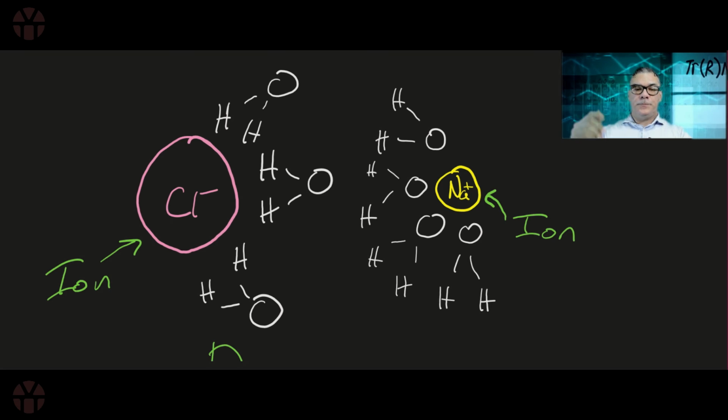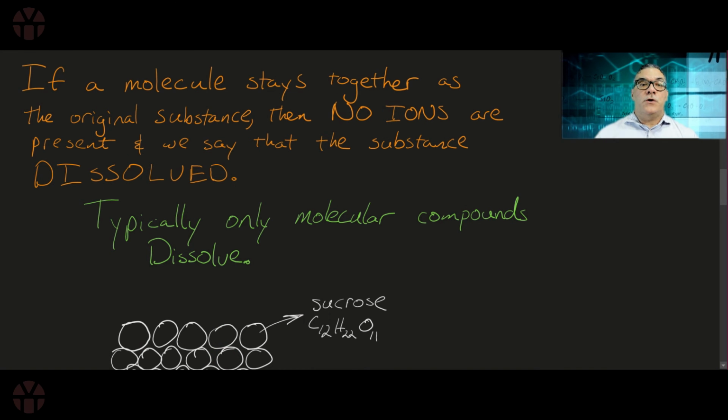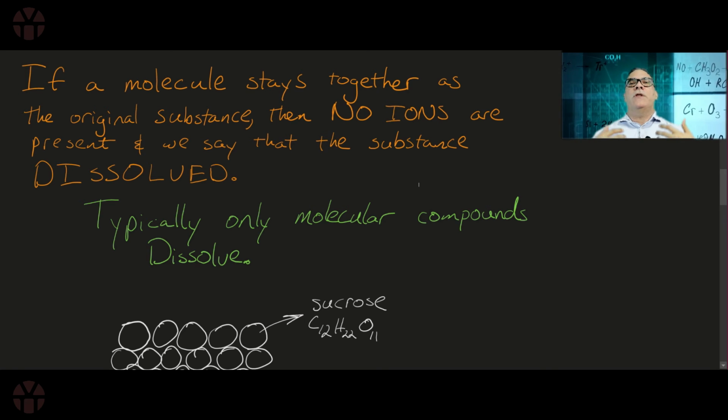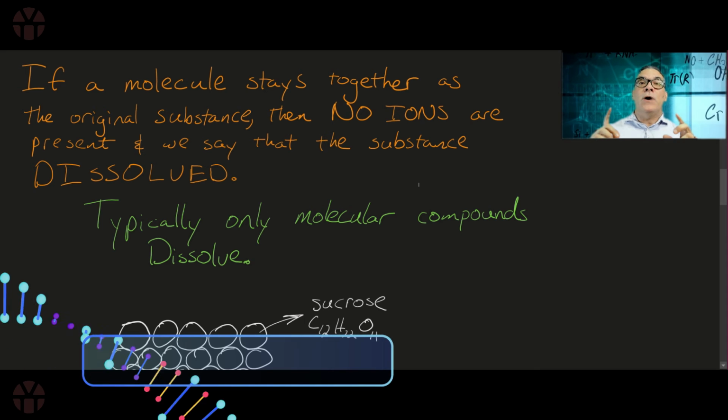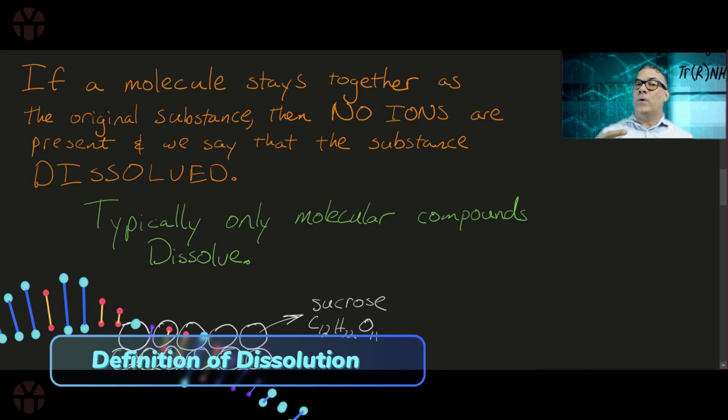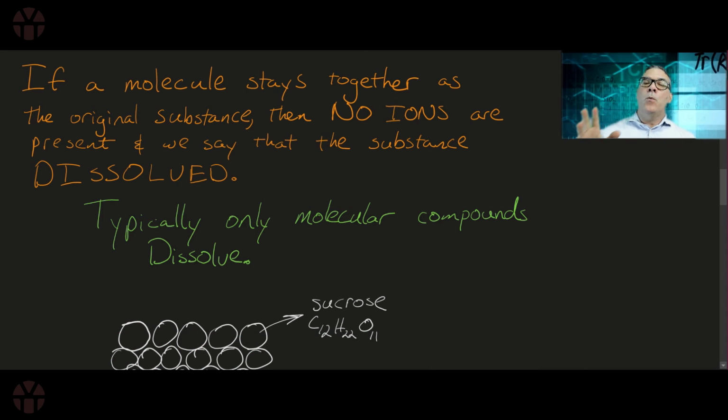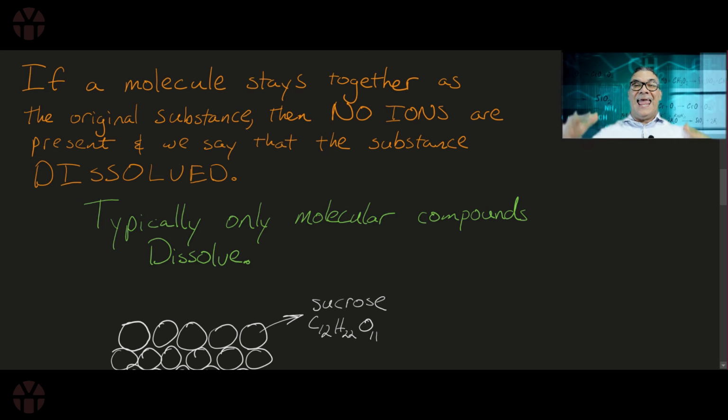So then the question becomes, if that's what's happening when something disassociates, what really is occurring when something dissolves? In dissolution, or when something is dissolving, we're going to break a big structure into smaller and smaller pieces that are still the same.